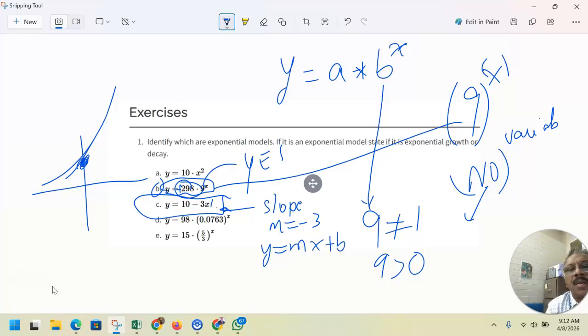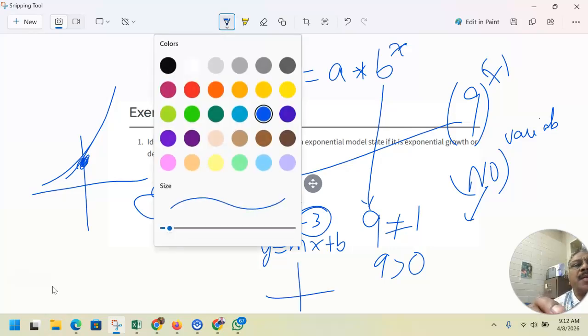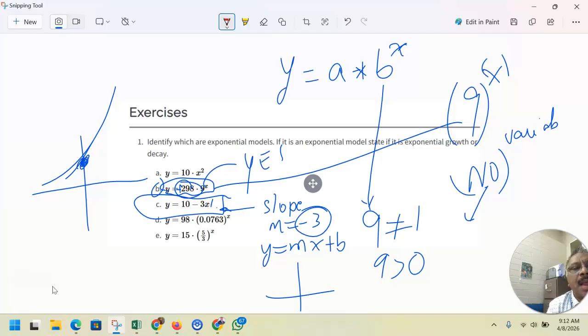Negative means if you draw the x-axis and y-axis, it is a line going through 10, somewhere here, and going this way, -3 over 1. It means for every one run, you drop down 3. So this is not an exponential model.